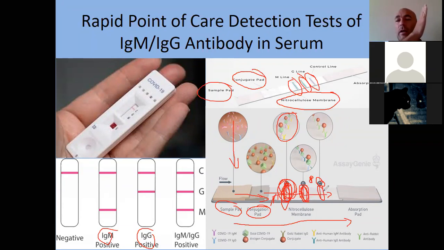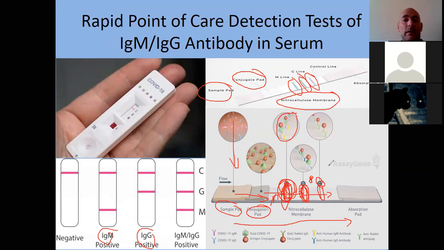The gold nanoparticle will diffuse, will flow and bind to the antibodies, accumulate, change the color for IgG, then continue, change the color for IgM, and then continue and change the color for the control, okay?